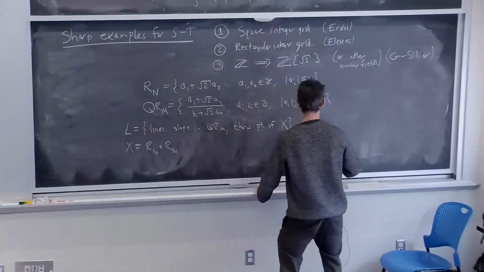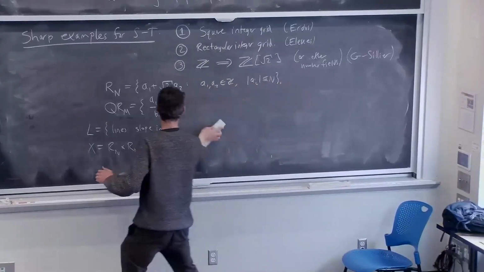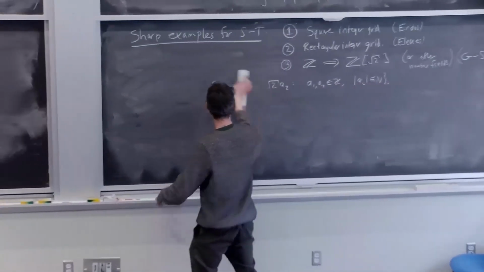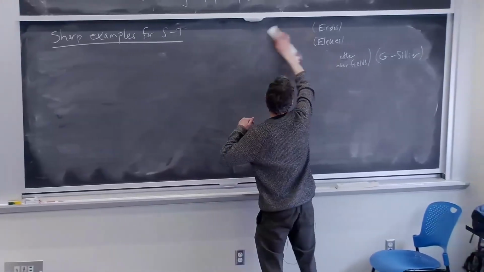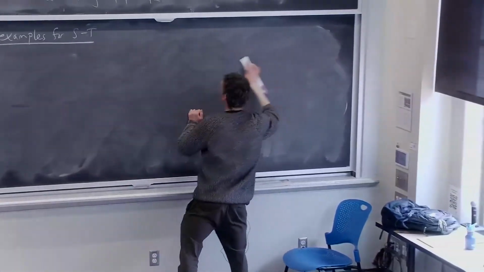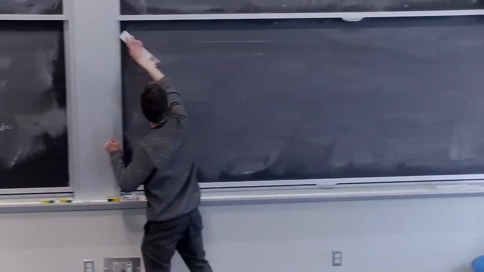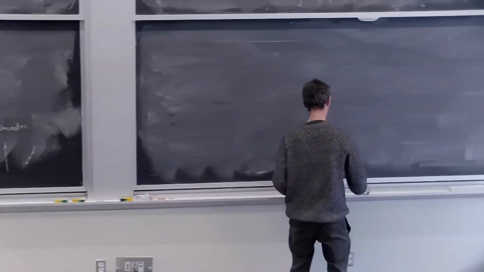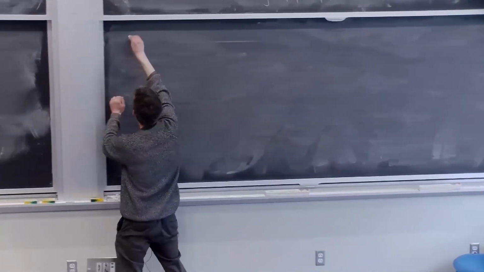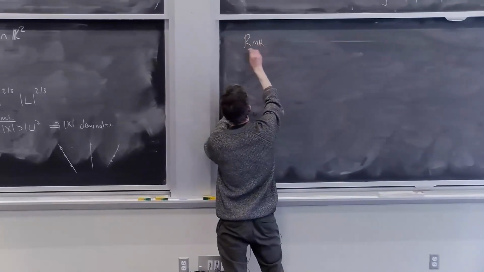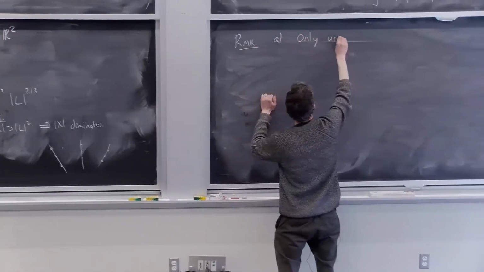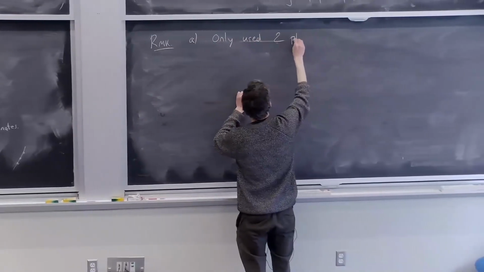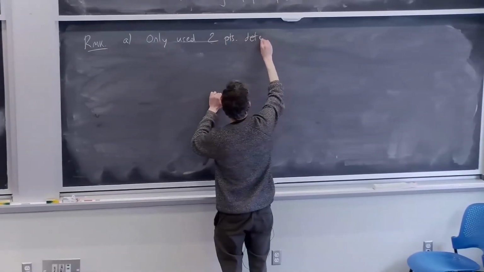So let's make some remarks about this simple proof, what double counting tells us and what double counting doesn't tell us. First, we only used that 2 points determine a line.